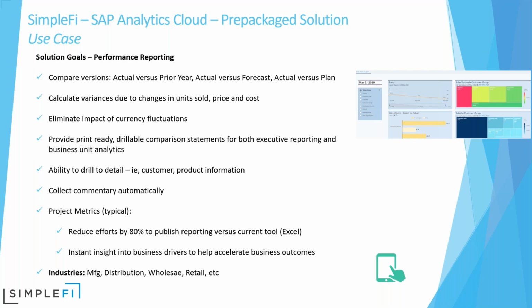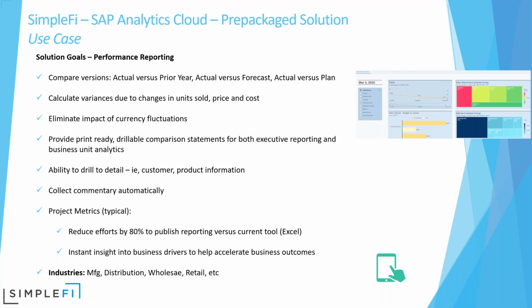In addition to that, obviously you want to eliminate the impact from currency fluctuations. So if you budgeted with a standard fixed rate, when you get your actuals in, you're going to actually apply the actual FX rate.